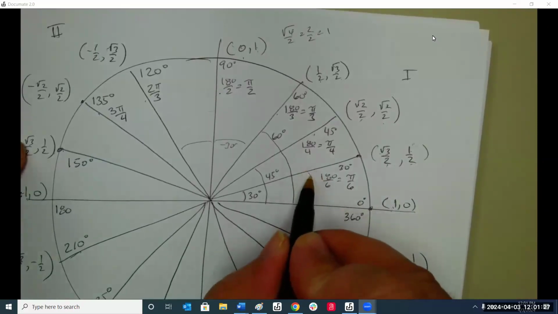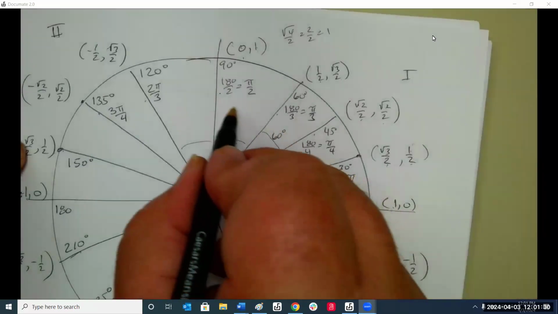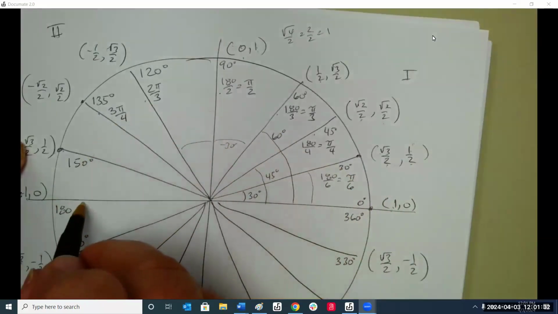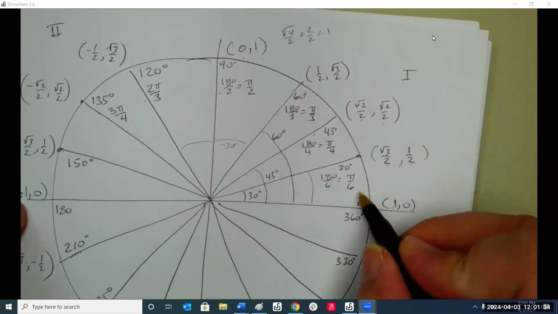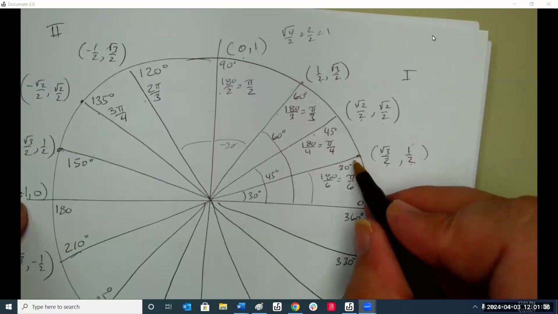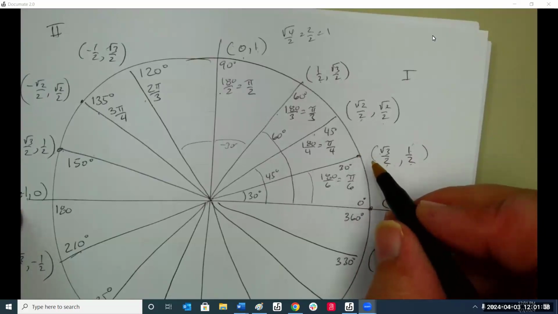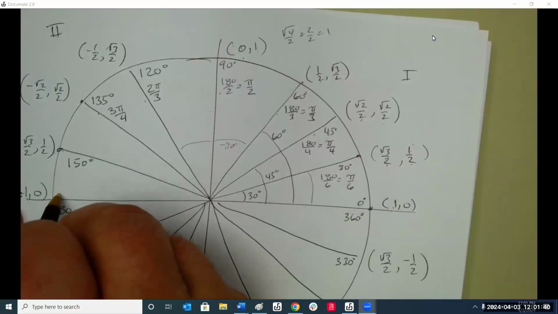This is 1 pi over 6, 2, 3, 4, 5, 6, 7. No. 1. So this is pi.